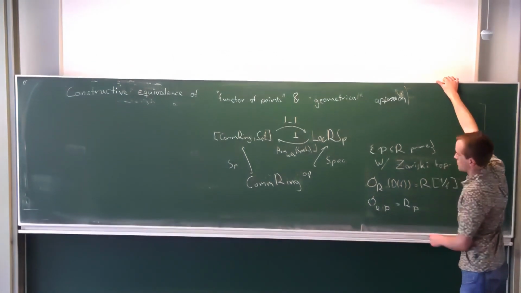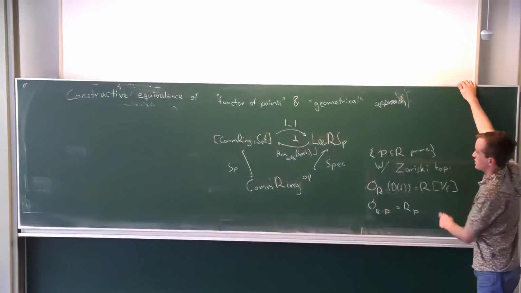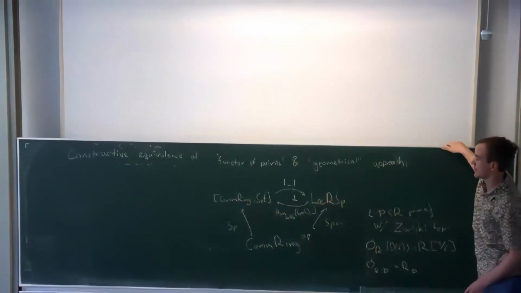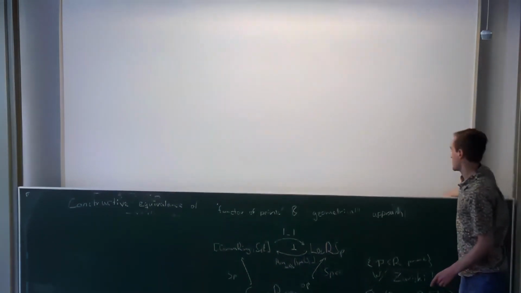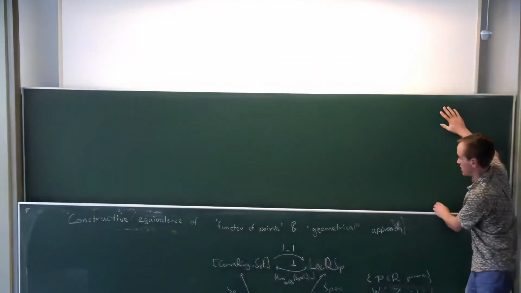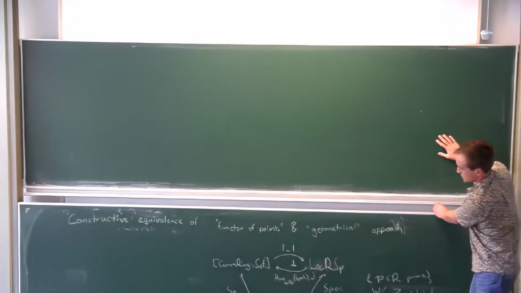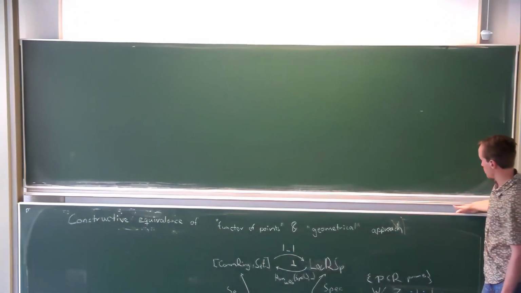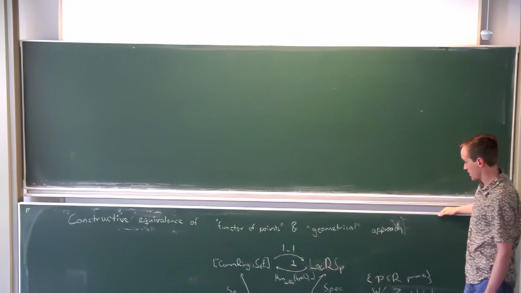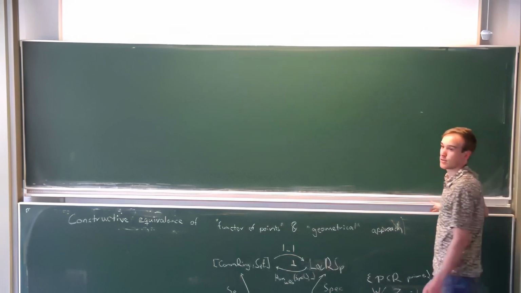So the way you constructivize this is you don't look at the set of prime ideals, but you look at the open sets as your basic objects, and actually you only look at the compact open sets.